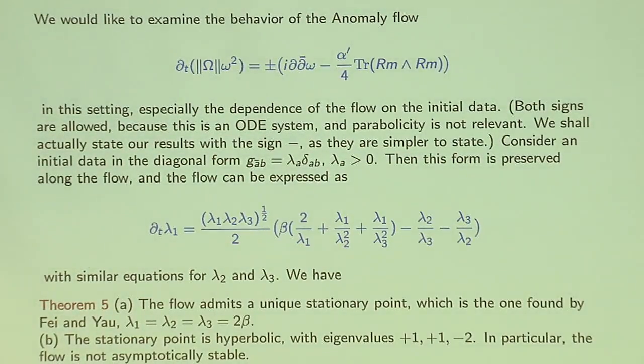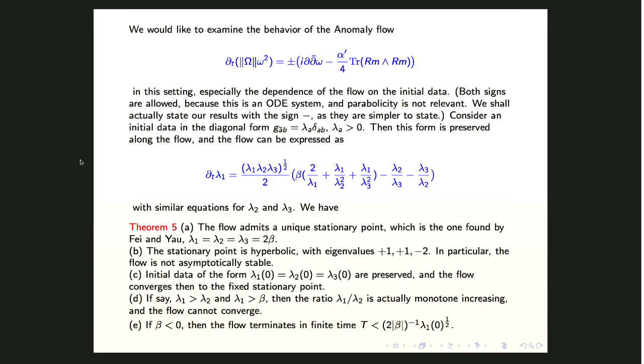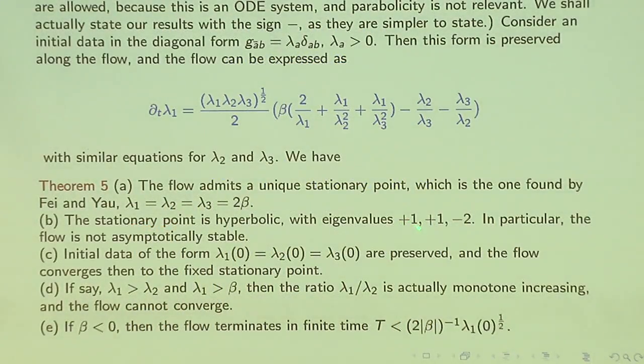And this is what we find, that the stationary point, right, found by Fei and Yau is the unique one, right? Now this stationary point is hyperbolic with eigenvalues +1 and -2, so it's not asymptotically stable, right? Nevertheless, if you start from data which is proportional to the identity, then that condition is preserved and the flow will converge.